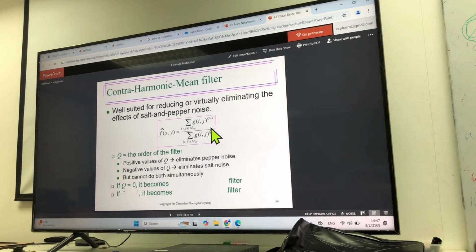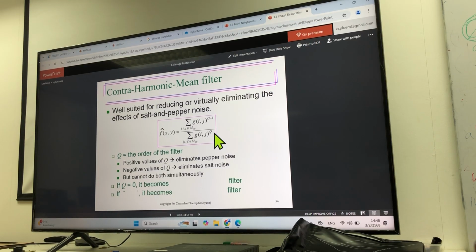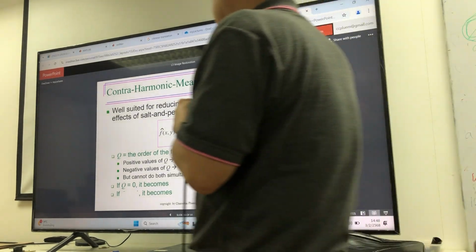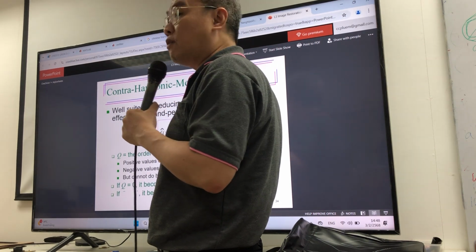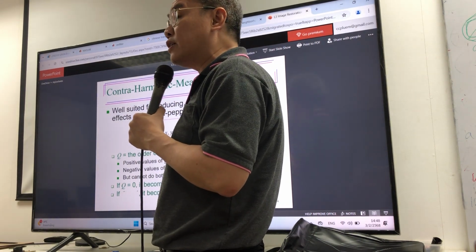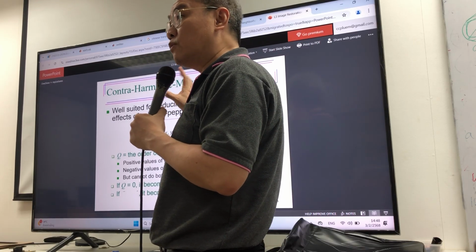What happens if Q is 0? If Q is 0, you get the summation of g to the first power divided by the summation of g to the 0 power. G to the power of 0 is 1. So it's the summation of 1 for every pixel within the window, which is just the number of pixels in the window.